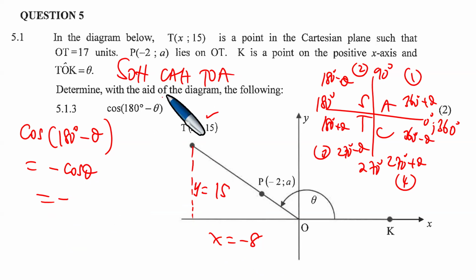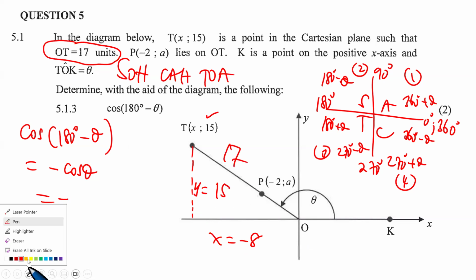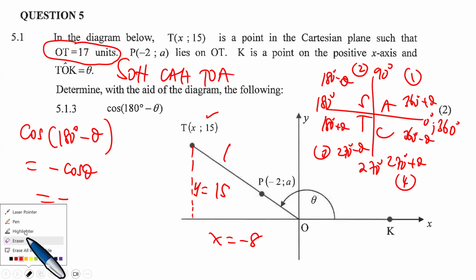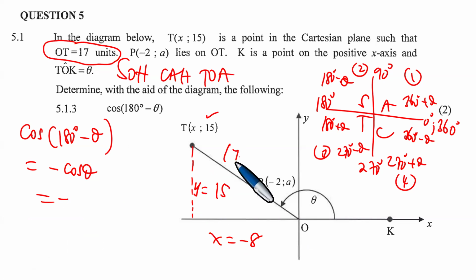The cosine of theta is adjacent over hypotenuse, and we already know that OT is 17 units. So it is exactly the adjacent side over the hypotenuse, and the adjacent side is what?